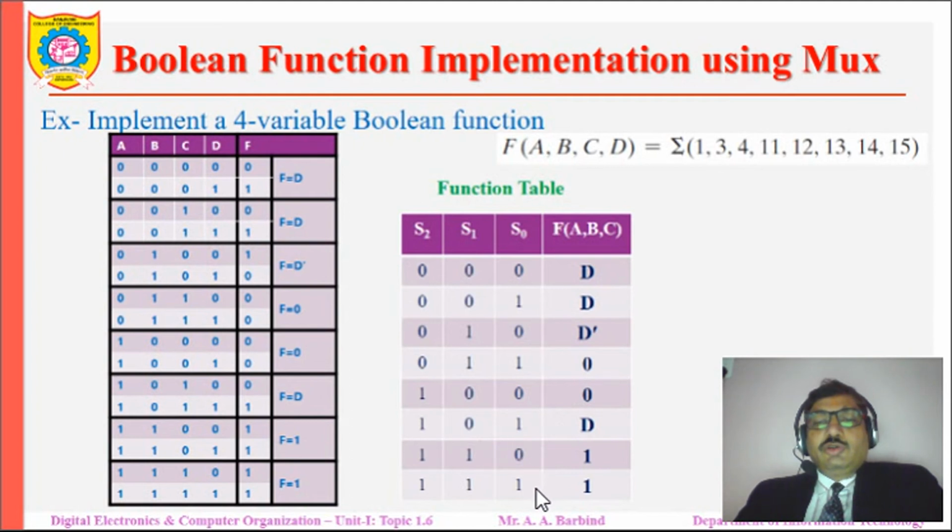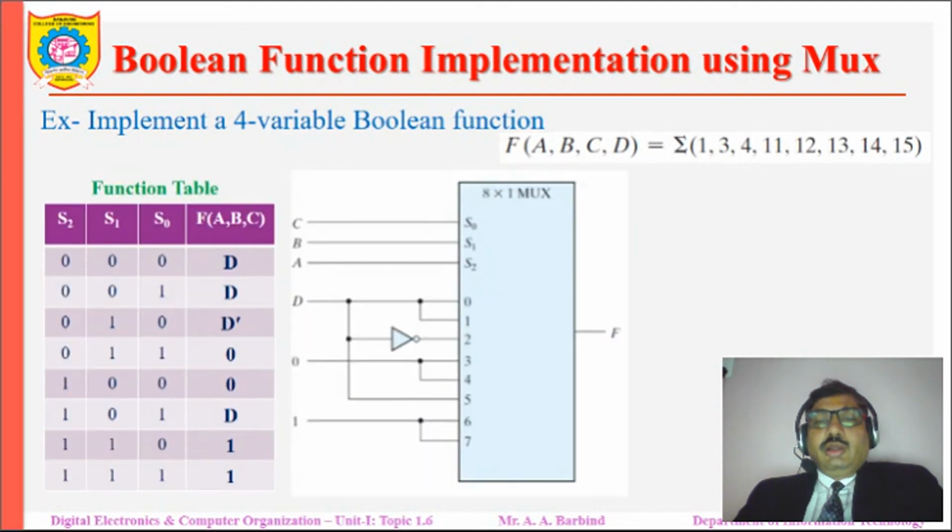For 110 it should be 1, and for the last pair, when abc is 111, the output should be 1. So we write a function table for the 8 is to 1 multiplexer and the required output for that particular function.